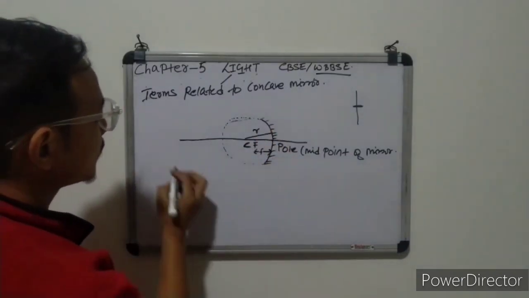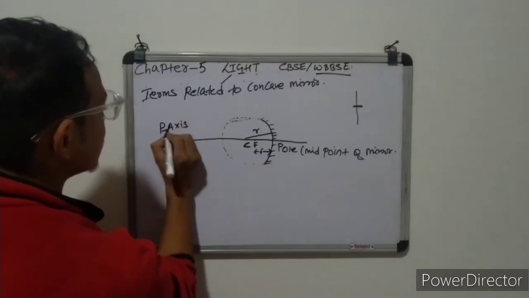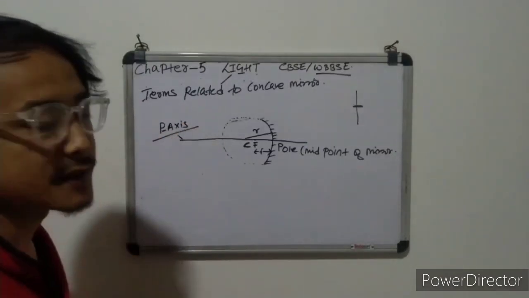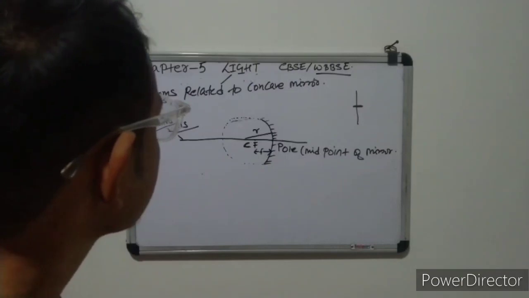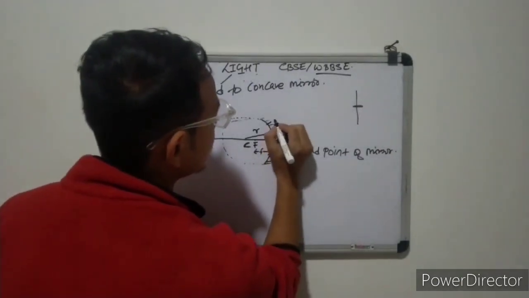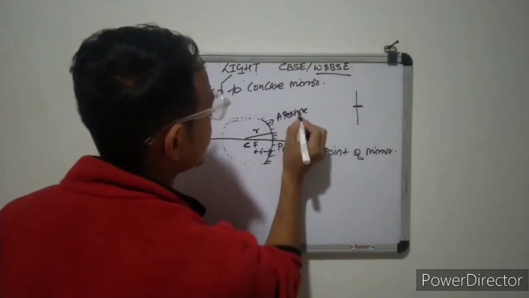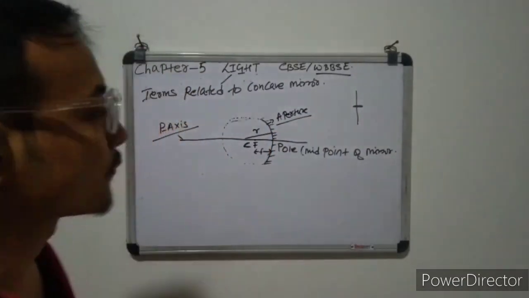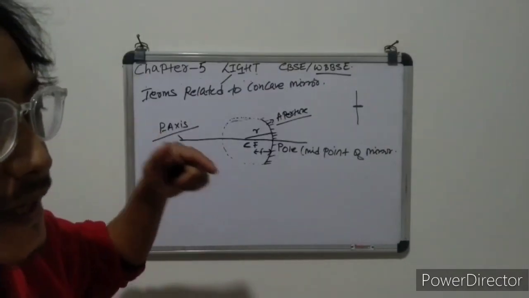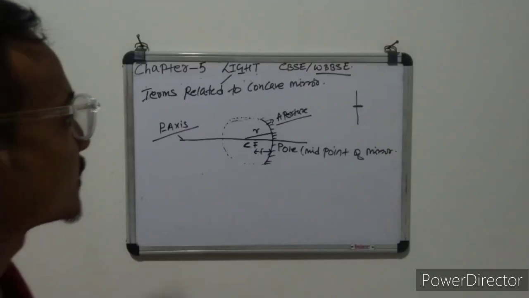One more thing is the principal axis. A straight line passing through the center of curvature and the pole of the mirror is known as the principal axis. And this is known as the aperture. Aperture is the part through which the ray of light is incident and reflection happens.